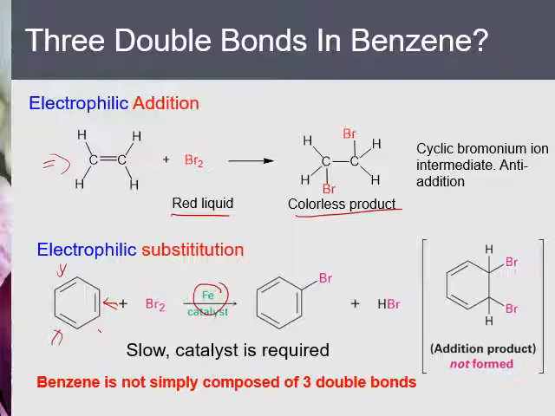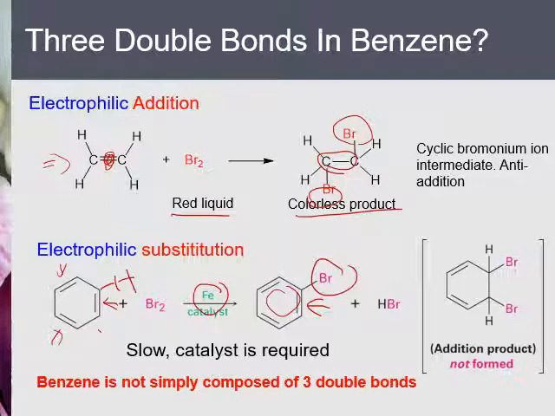When a reaction undergoes addition, the pi bond breaks, forms a single bond, and adds 2 bromines to form a dibromide. But in the benzene reaction, the double bonds are still there. It's still a benzene ring. The change is a hydrogen replaced by a bromine.